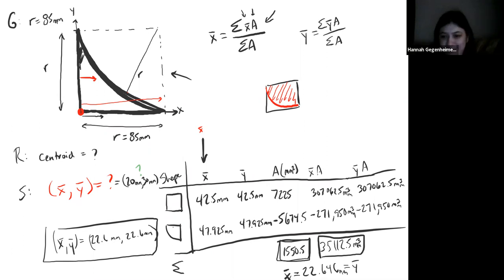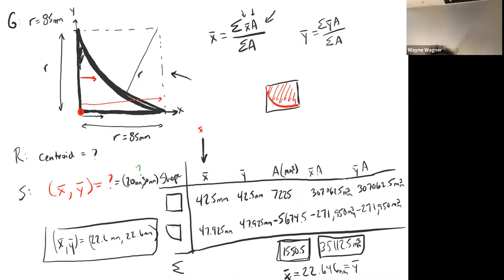No. Okay, so I'm very curious about this. We did get a different answer than the book, which is interesting because we have all the same numbers. Oh no, X bar is 48.92. Maybe I plugged something into the calculator wrong.